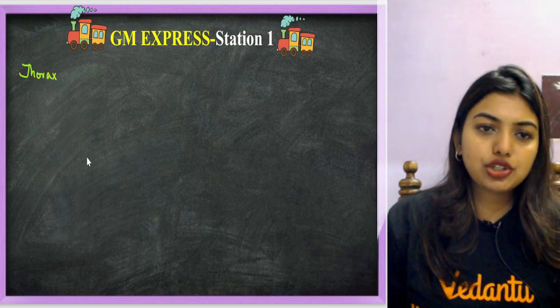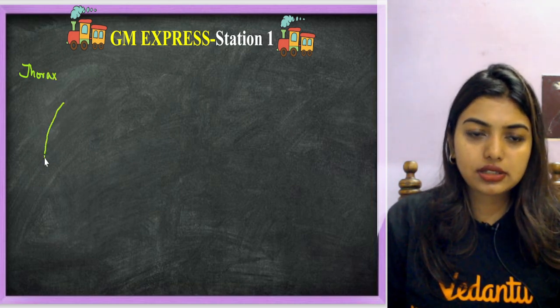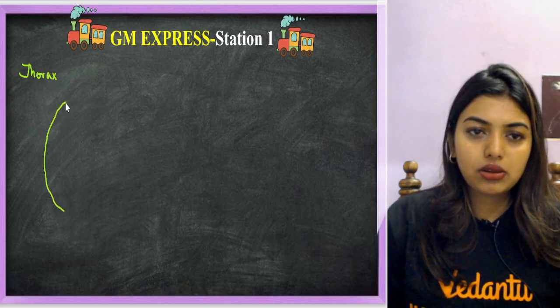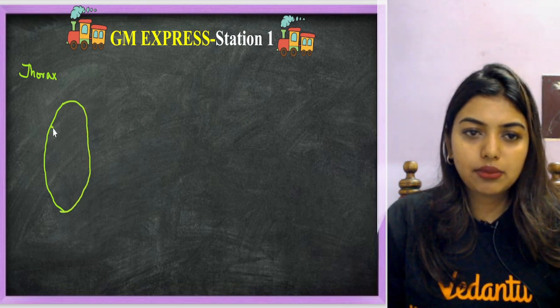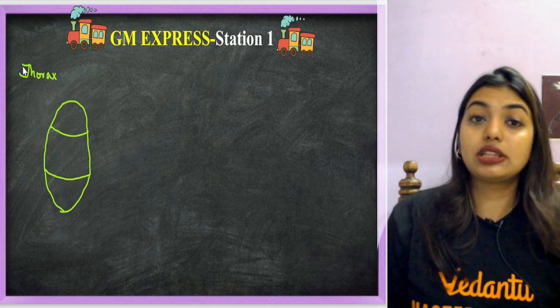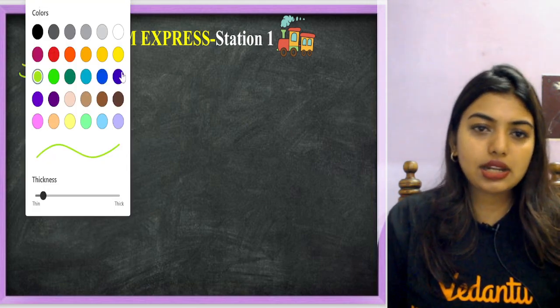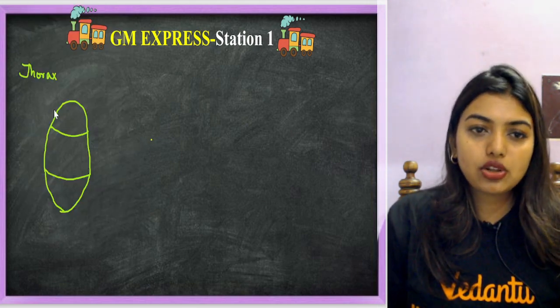So what I wanted to show you is, imagine this is the thorax. Let's say prothorax, mesothorax, and metathorax. This is drawn bigger, just to make you understand. From each thorax segment, remember that there is a pair of appendages, a pair of jointed legs, that comes out.